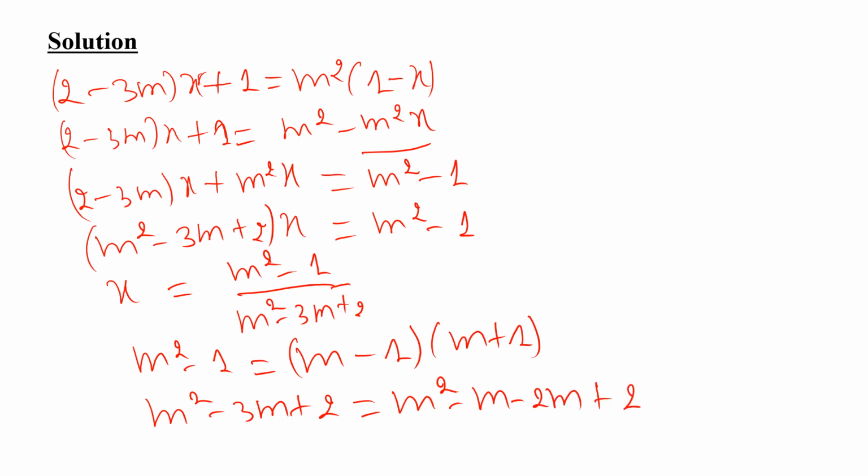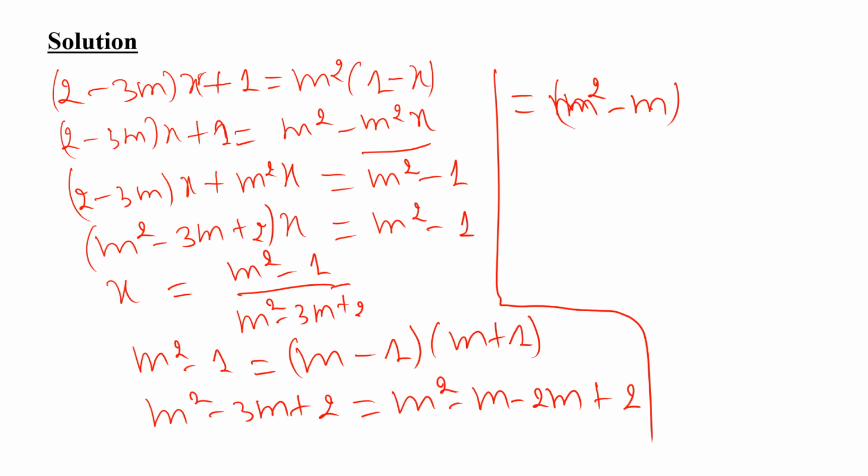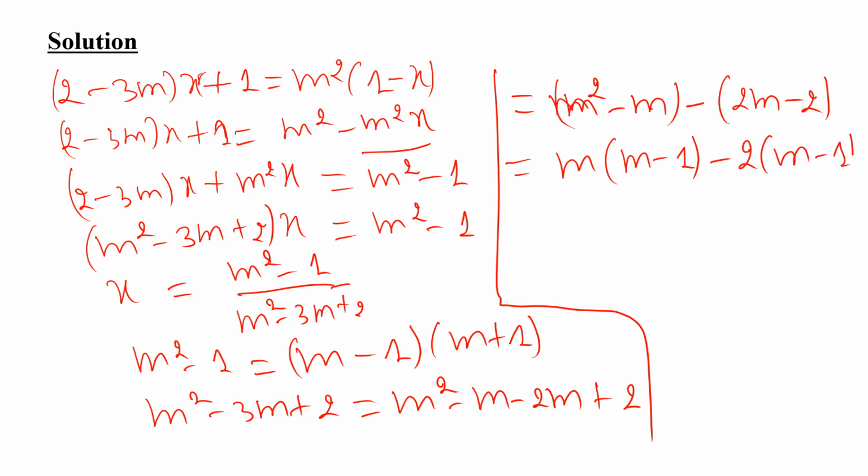We can group terms: m squared minus m in brackets, minus 2m minus 2. Here we put m out of brackets, then it is m times (m minus 1), minus 2 out of brackets, m minus 1. Now we get (m minus 1) times (m minus 2).